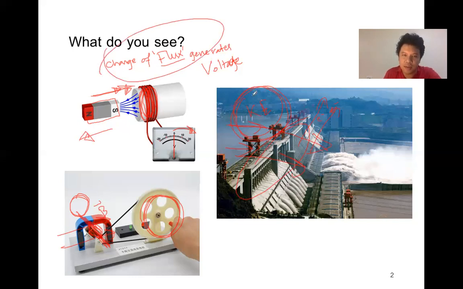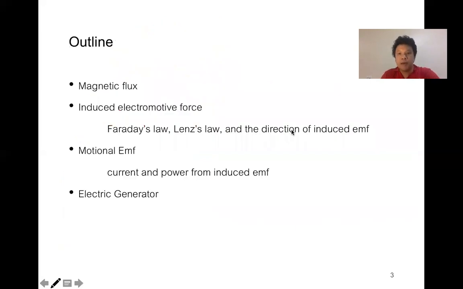We see the change in magnetic flux, the magnetic flux generates the voltage, and the light goes up. The same principle is applied in the power plant, in which the kinetic energy from the water turns the conducting coil within the magnetic field underneath the dam, inside the generator, and the electricity is created here.